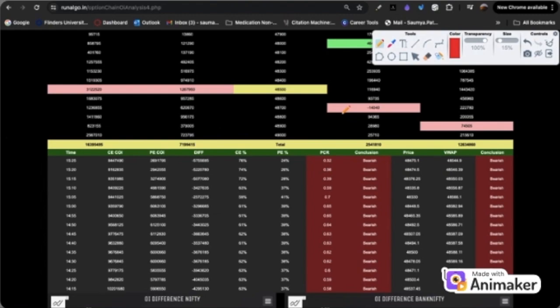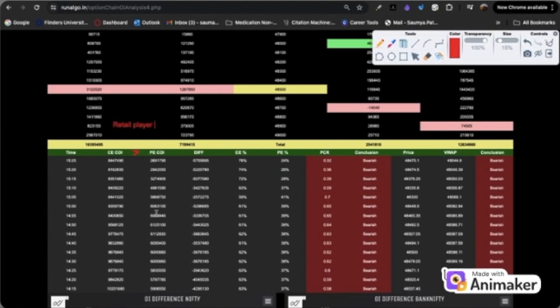So from that knowledge, we can say if call COI is greater than put COI, we'll try to avoid buying call options. But this doesn't necessarily mean that we'll always buy a put option immediately. We'll wait.